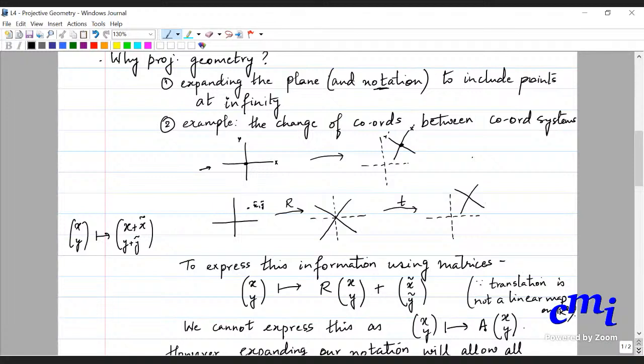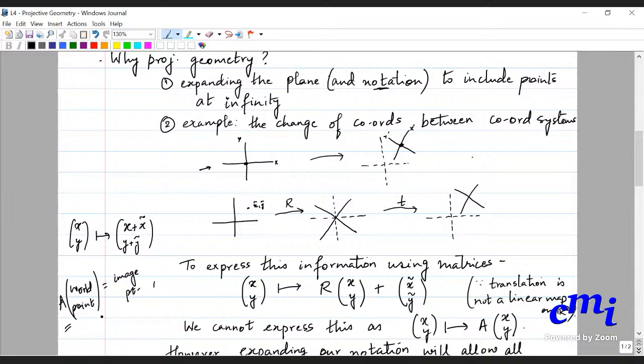But this is what we want, because we want to be able to describe the entire imaging process as a world point, and a matrix applied to it being your image point. So you apply some matrix to the world point and you get your image point.